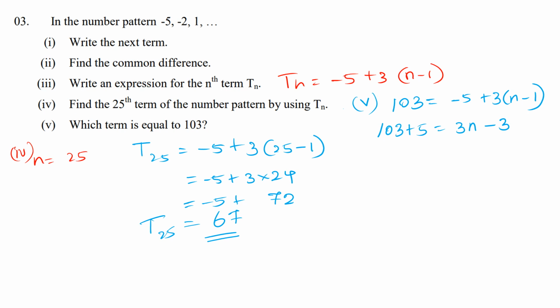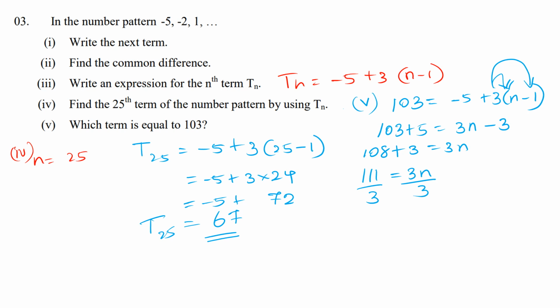You can simplify this part by multiplying like this: 3n plus 3 minus 3, and here 108 plus 3 is 111, which is equal to 3n. Then you have to divide both sides by 3 and you can find n.